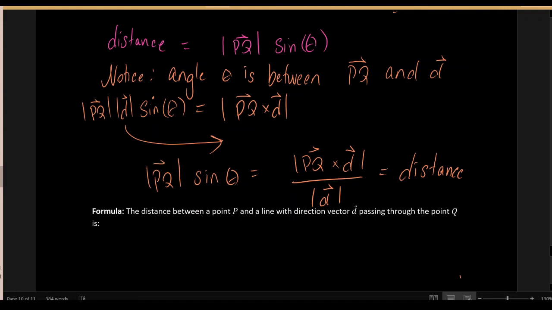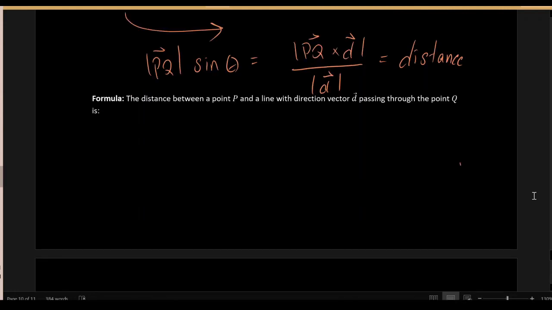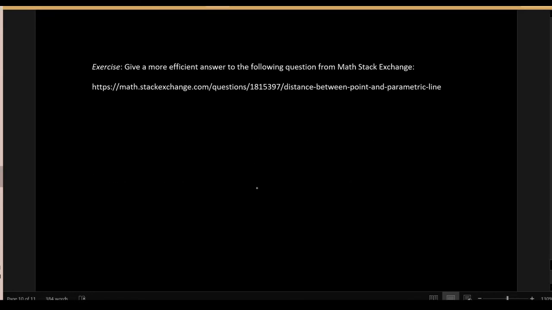So from this, we get a formula for the distance. We can calculate this by taking the length of the cross product and dividing it by the length of the direction vector. Let's try this in action.